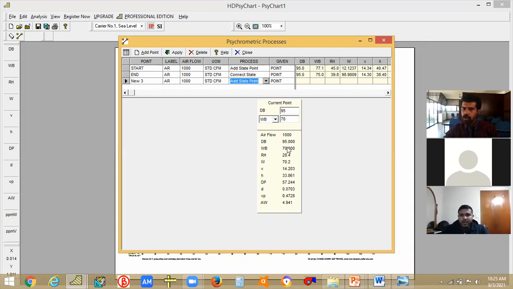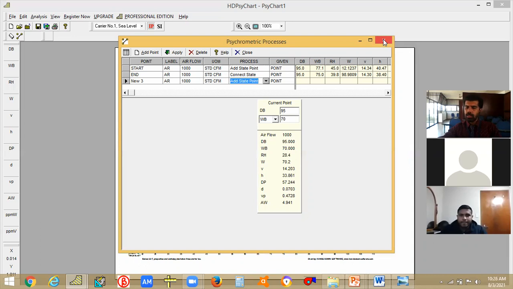You can take this value from here and give it in the HAP software if such a situation comes. Mostly such a situation won't come. This is one of the methods to find out the properties of the air water vapor mixture. Just keep that in mind. That's all. These are the basic things that you need to know. And I will send you this psychrometric chart software also.